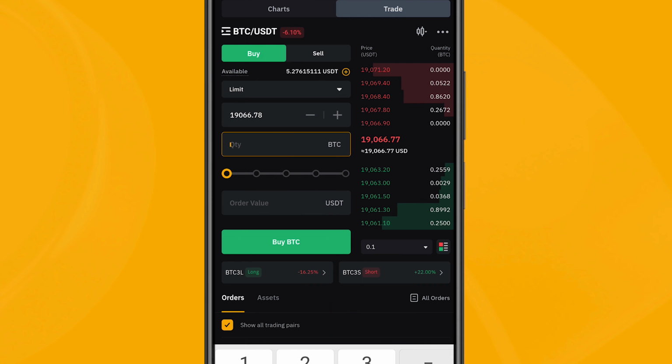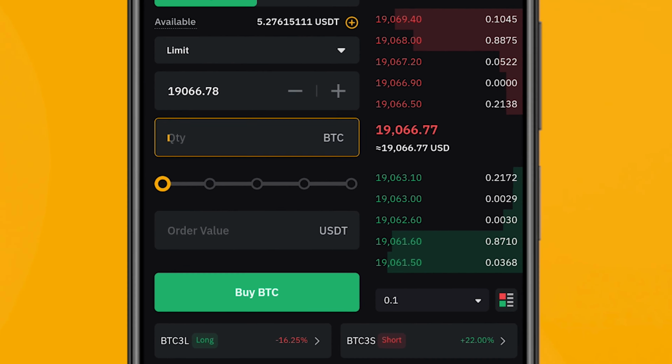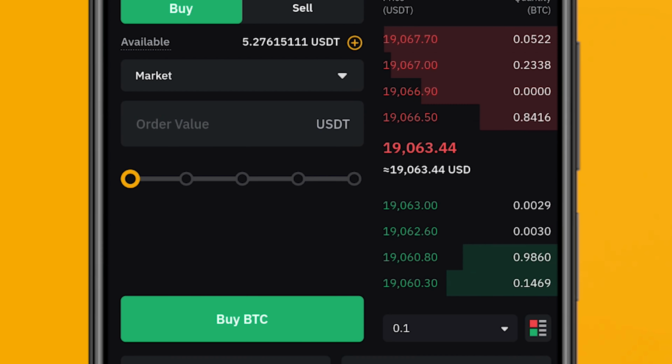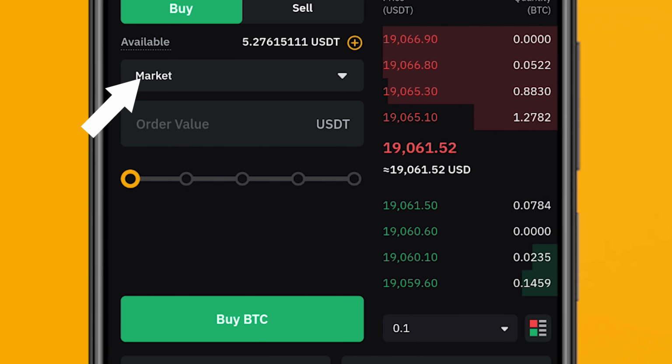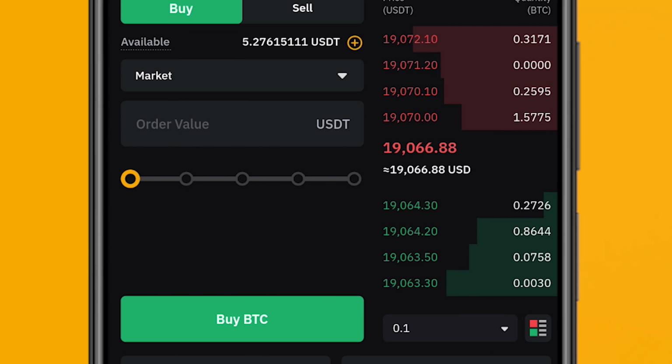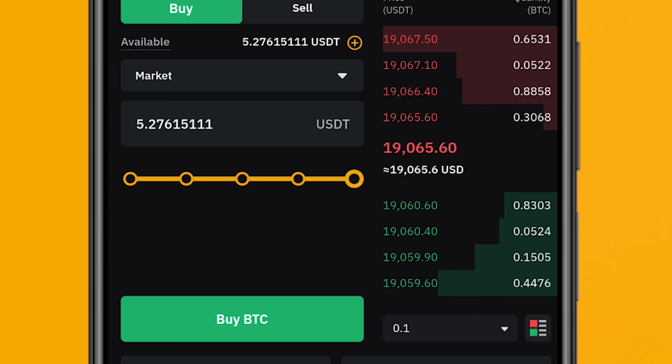So now let's go back to the market order. What market order does is that it buys the assets you want immediately at the best price possible. So if I want to buy Bitcoin at, for example, 19,000, once I click on buy BTC, it automatically buys immediately at the best price possible.